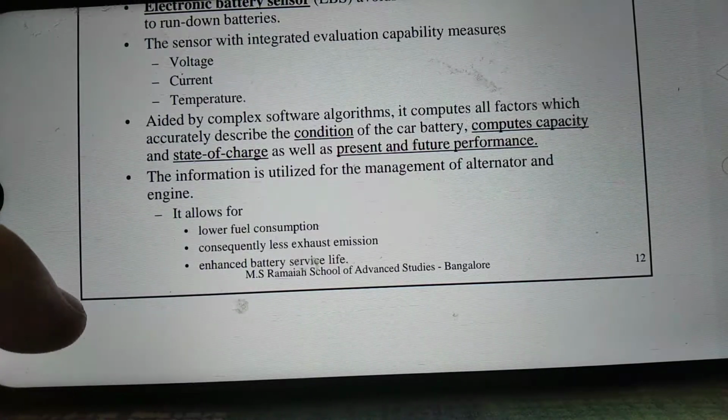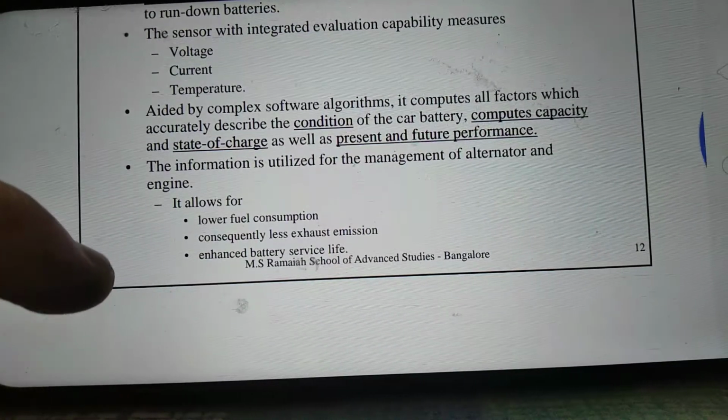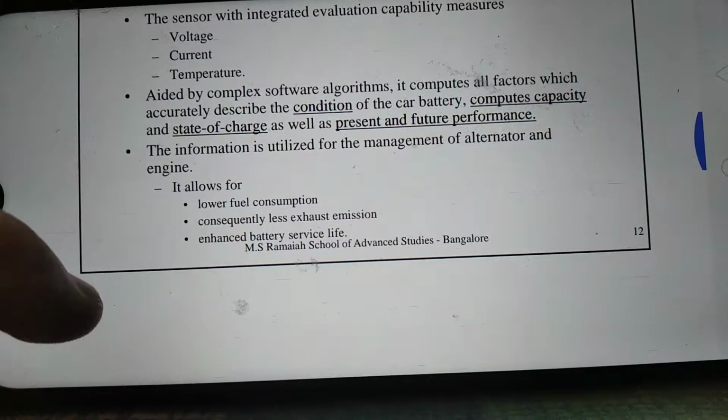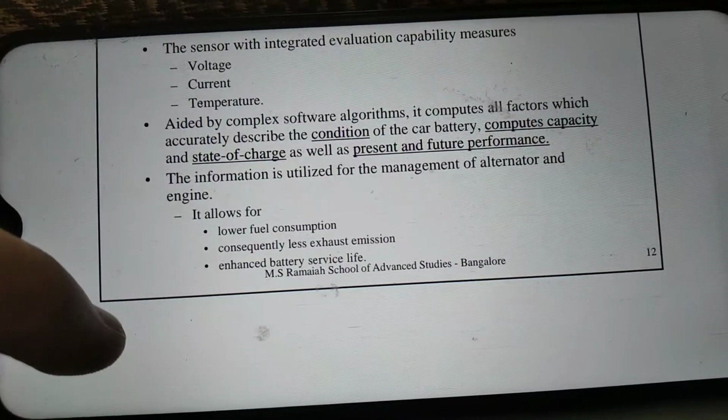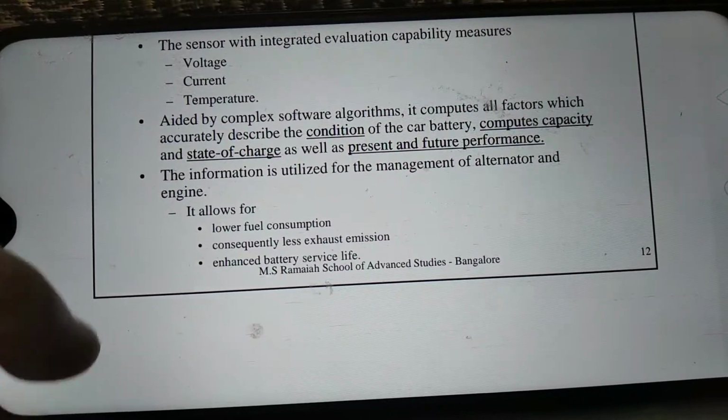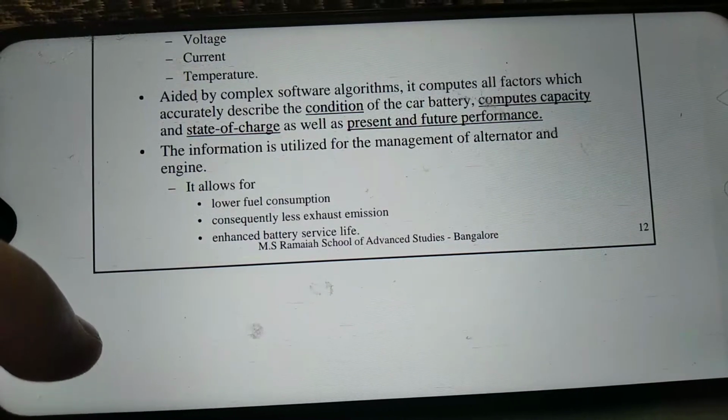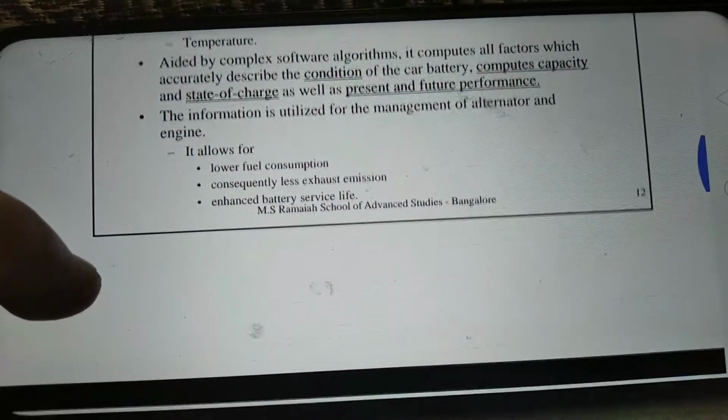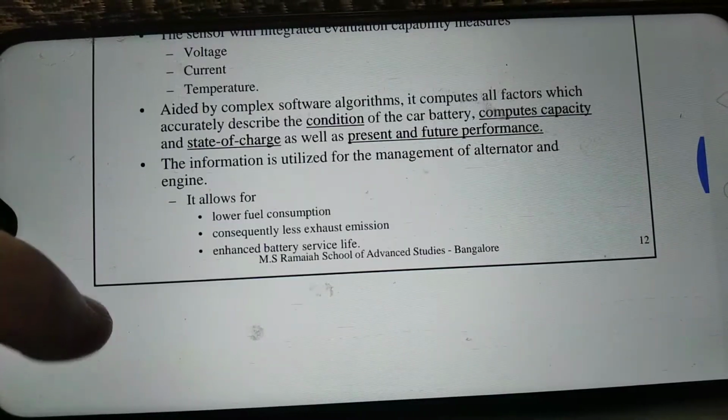Aided by complex software algorithms in computers, they accurately describe the condition of the battery. The computer's capacity and state of charge, as well as present and future performance, are measured with the help of that sensor.